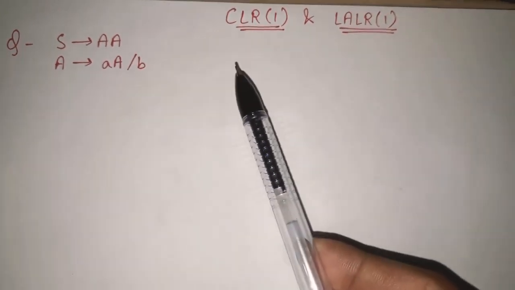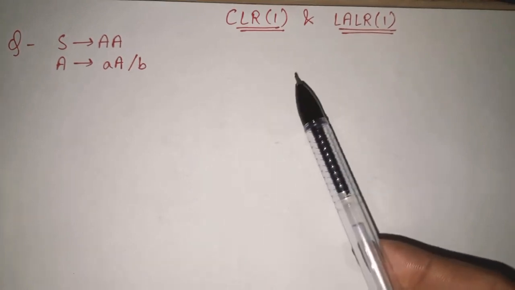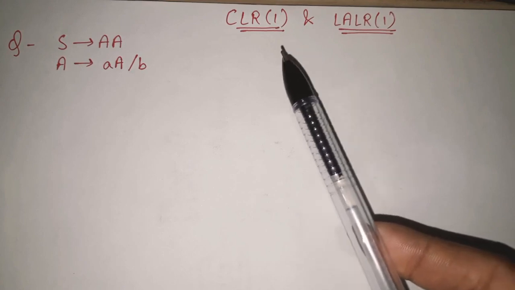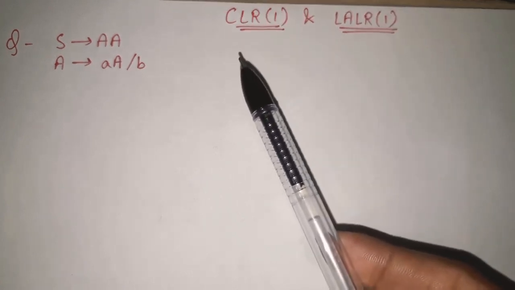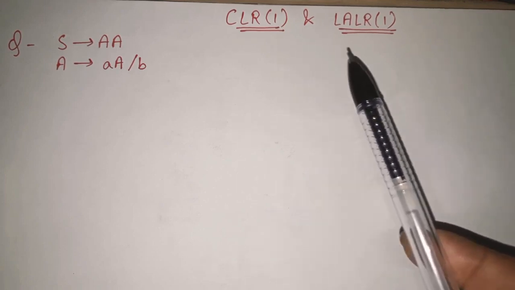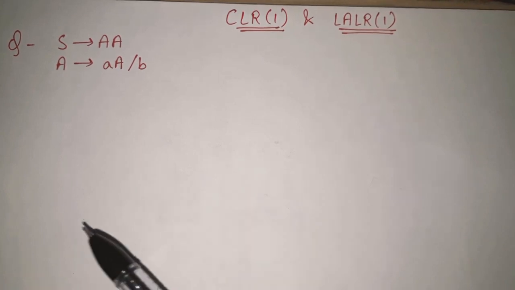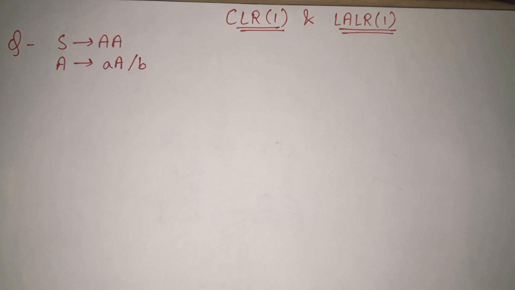Just that after making the table of CLR1, we will take some decisions on the basis of some points and try to minimize the table and the canonical collection, and that minimized form will be our LALR1 parsing procedure. So in the same example we will see both of them. What LR1 items are, what look aheads are, and how to do all these things, we will see with the help of this example. You will get a clear idea.